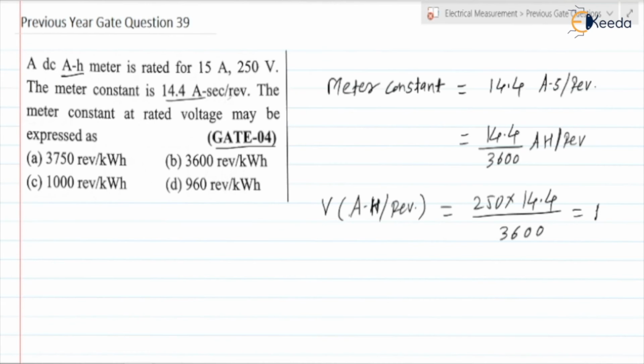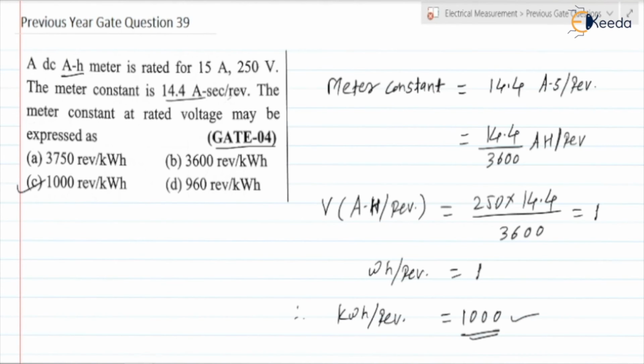Power unit is watt, so it is a watt hour per revolution actually. So we are having watt hour per revolution equal to 1. Therefore kilowatt hour per revolution is equal to, here it is a watt hour and here it is a kilowatt, and 1 kilowatt is nothing but 1000. So we can write it as 1000 revolutions per kilowatt hour, right? So therefore the meter constant is 1000 revolutions per kilowatt hour. So the correct option is option C.